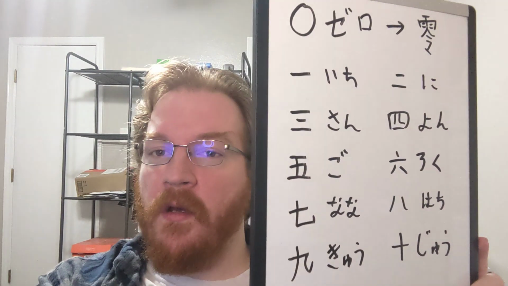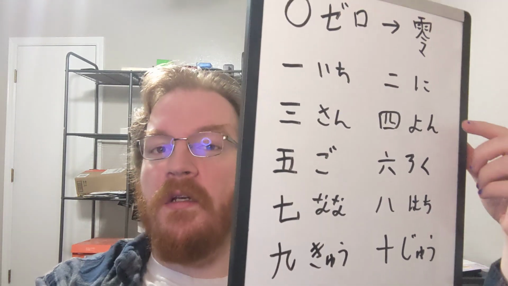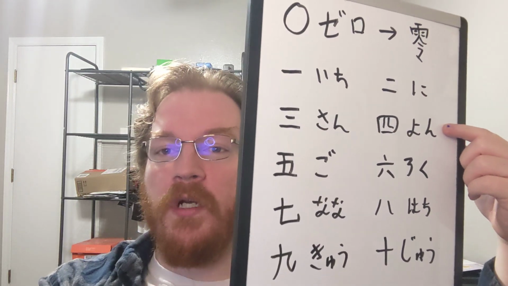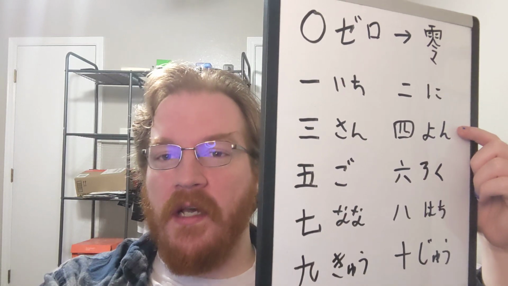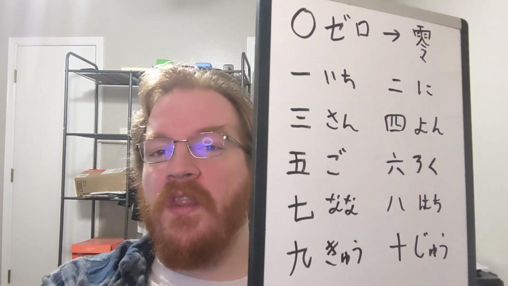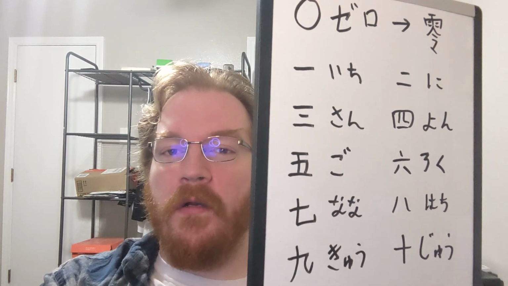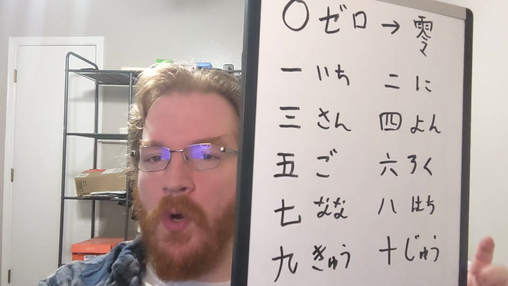Now, when you study the numbers, you may notice that some of the numbers have different readings. So for instance, the number 4 can be read as either yon or shi. However, in Japanese culture, the sound shi resembles the word for death, which is also shi. Therefore, most of the time the number 4, when it's spoken, is said as yon.